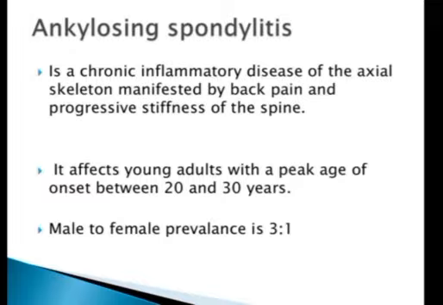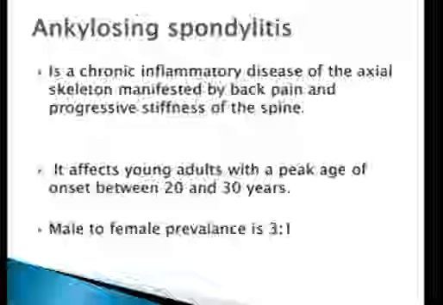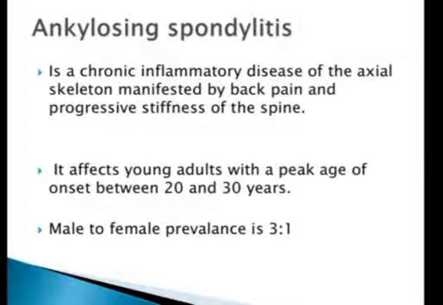Ankylosing spondylitis is a chronic inflammatory disease which involves the axial skeleton, manifested by back pain and progressive stiffness of the spine. It affects young adults with a peak age of onset between 20 and 30 years. The male to female prevalence is 3 to 1.